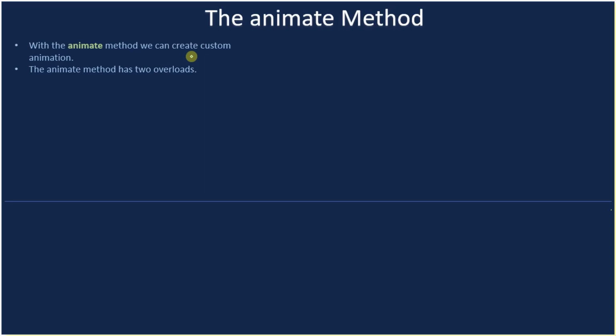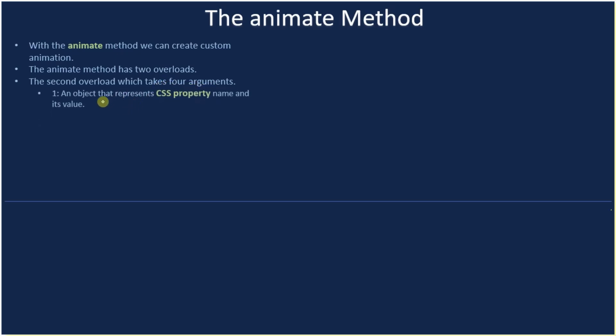The animate method has two overloads, and in this sub-series we will concentrate on the overload that takes two parameters. But as a theory, if you want to know what the second overload is doing, the second overload takes four arguments.